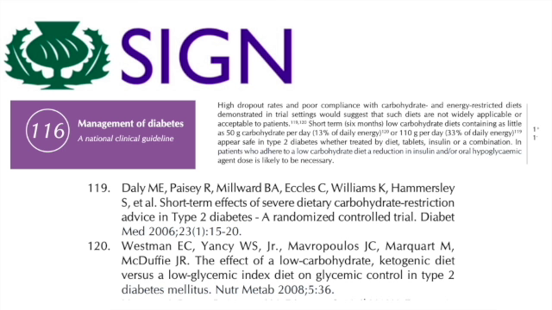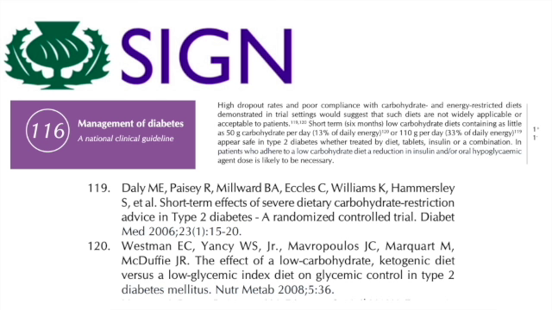SIGN, the Scottish guidelines, were quite damning of the low carbohydrate diets. They report that there are high dropout rates and poor compliance with carbohydrate and energy restricted diets in trial settings, which suggests that such diets are not widely applicable or accepted by patients. And they quote 2 studies here, and I've just pulled out the bits there.